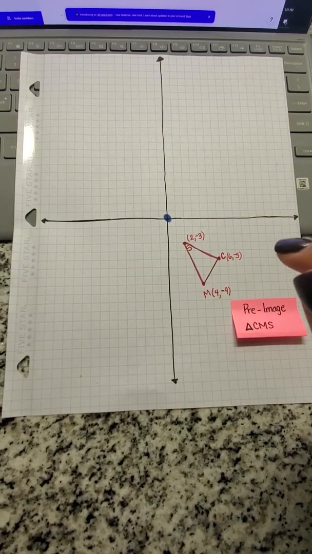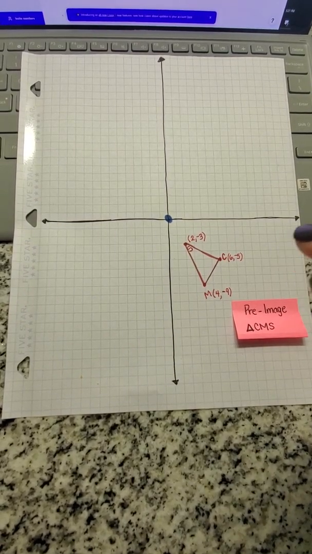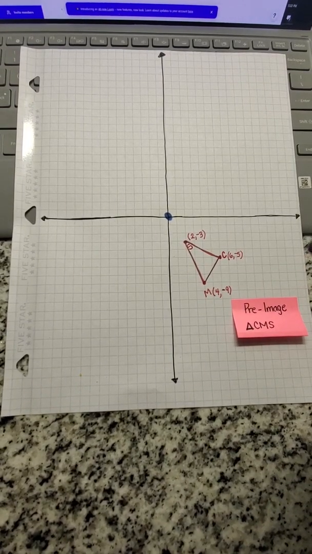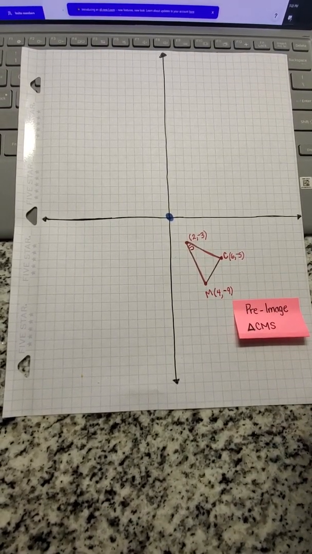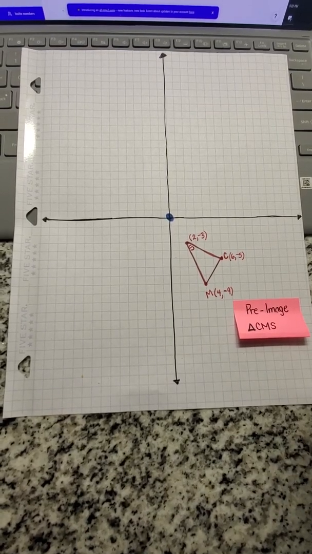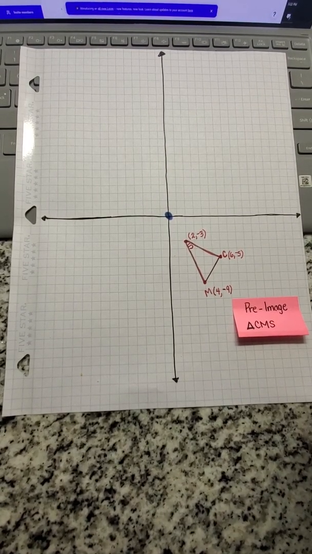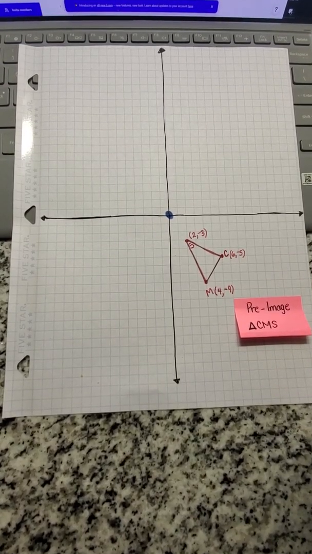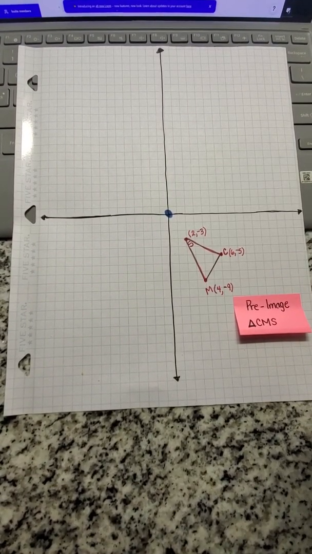Now, what I also need to remember is that one turn is 90 degrees, 2 turns is 180 degrees, and 3 turns is 270 degrees. So with the mapping notation of 90 degrees clockwise, that's 1 turn.